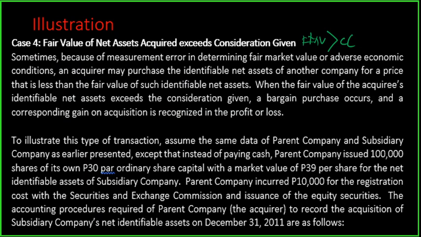Let's try to compute for the consideration. Sabi niya, the company is going to issue 100,000 shares of its own 30 par ordinary share capital with a market value of 39. So what's the market value of these shares? It's 39 times 100,000, so that's 3,900,000.